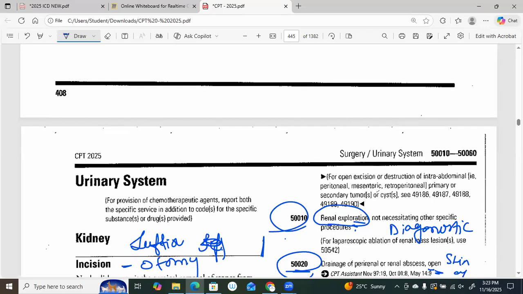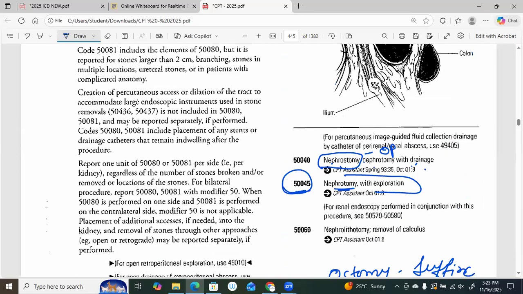But if the doctor is making the incision to perform a particular therapeutic procedure, then we are going to use 50045. Also, you have to remember one more thing. If we are doing a major procedure, then we are not going to bill the small or minor procedures like nephrotomy or the incision procedures separately.